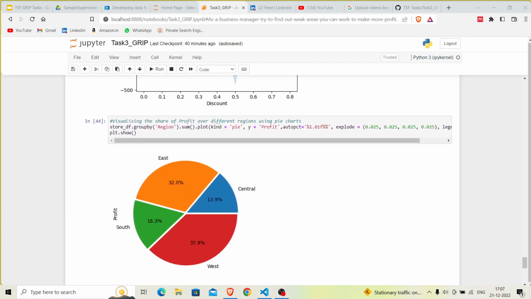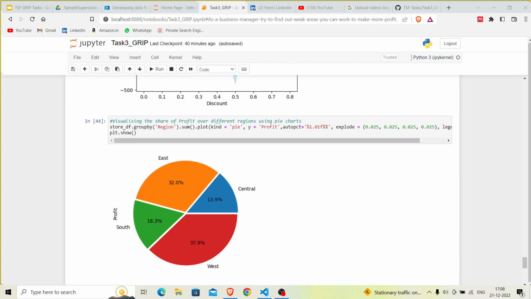And I have also plotted the distribution of profit over different regions, and I see that east and the west regions have relatively equal amount of profit distribution over them. In the previous stacked bar, what we saw is west has more number of sales than the east, but east still has a relatively equal amount of profit.